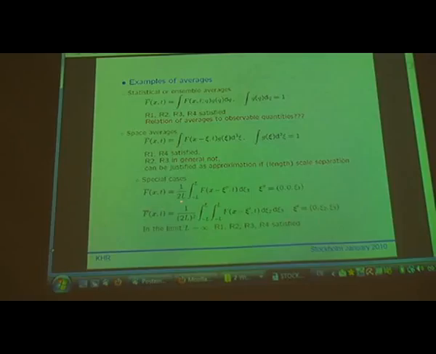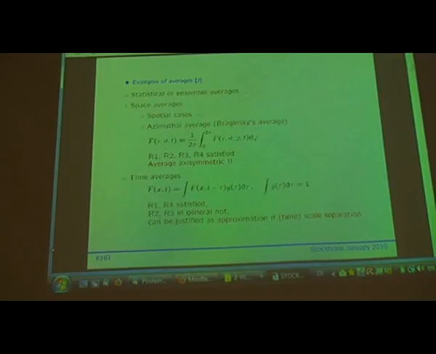In the limit of length L tends to infinity, then all rules are again exactly satisfied. Then the averages no longer depend on this coordinate, and they are satisfied. In many cases we have used this average. Okay, other examples.